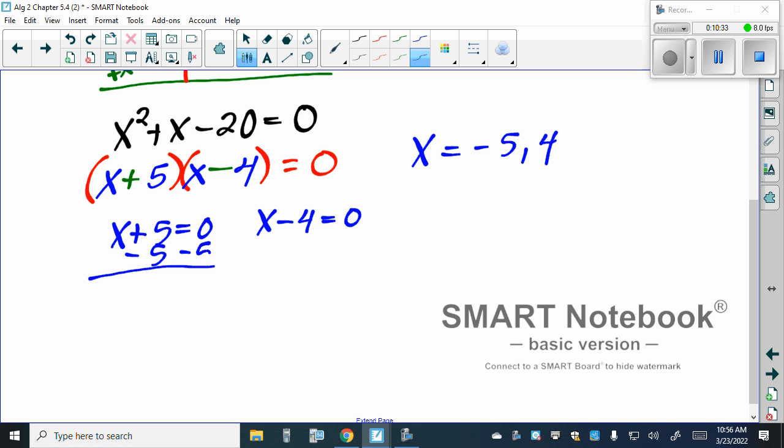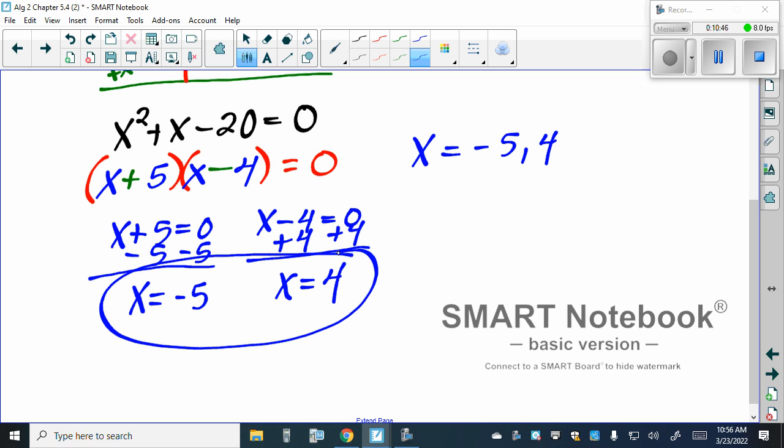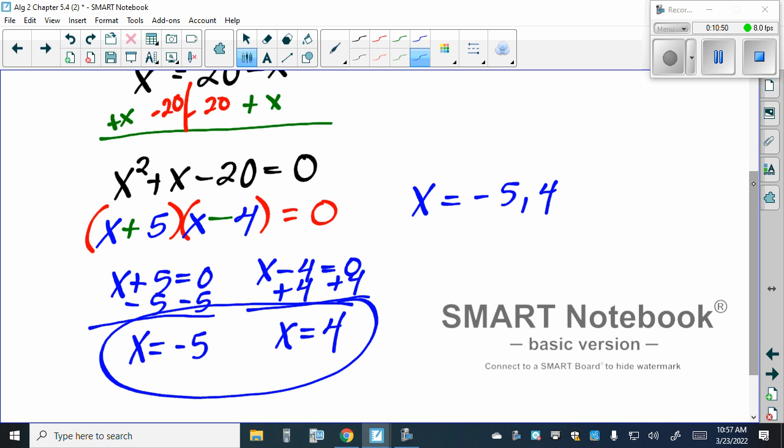We can subtract 5 from both sides, telling us x is equal to -5. Here, adding 4 to both sides tells us x is equal to 4, and we get these two answers here. Now we need to check to see if both of them work, or if one of them is an extraneous solution, or both of them are.